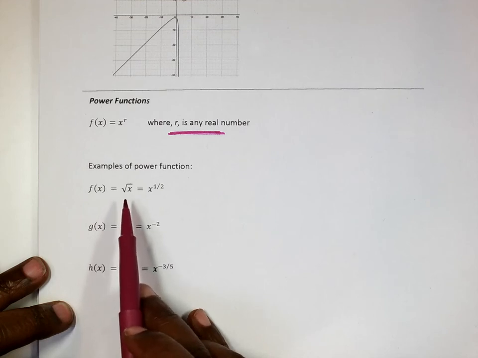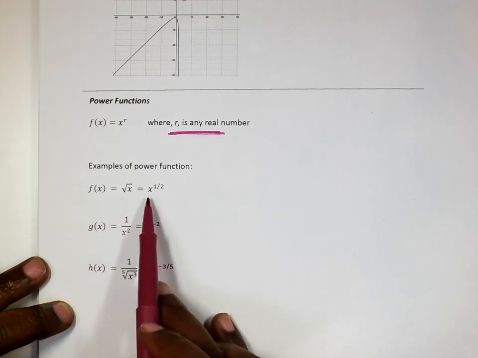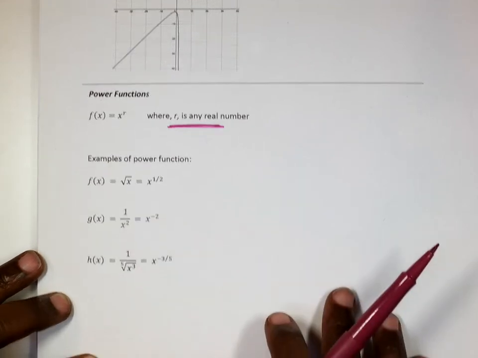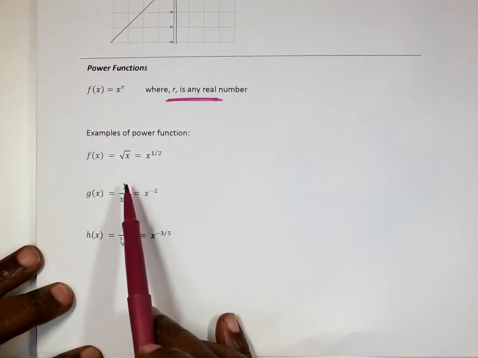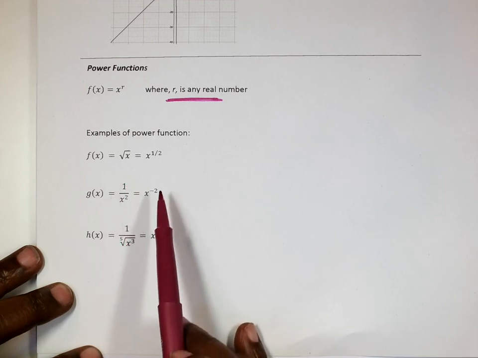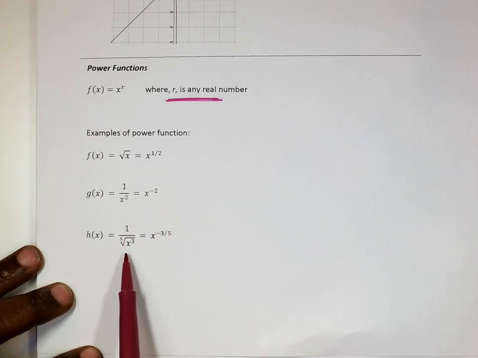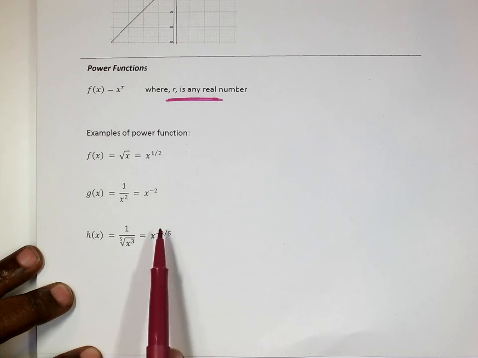So here's an example, square root of x. We're always going to rewrite them as fractional exponents. So we get x to the 1/2 power. And then I have this power function, 1 over x squared is x to the -2. It's not a polynomial because of that negative exponent. And then 1 over the 5th root of x cubed. So we need the negative to bring it up.